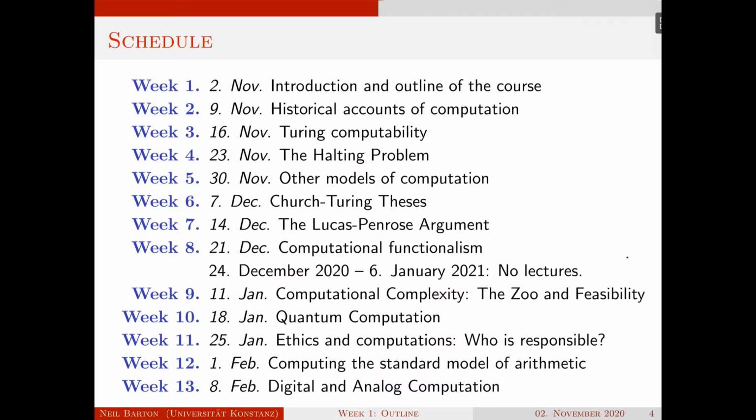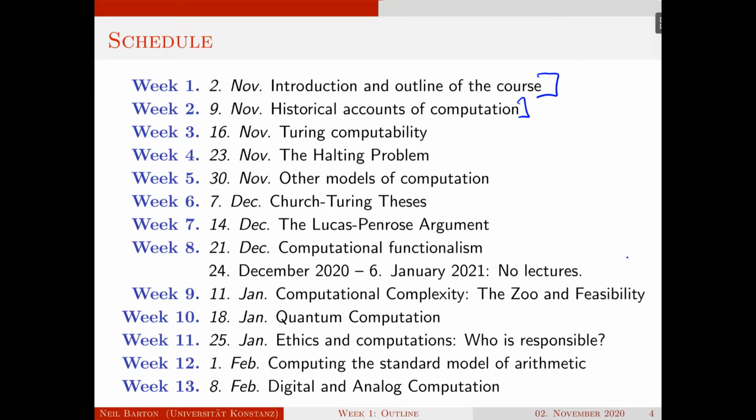And so here's exactly how we'll do this. So week 1, which you're listening to right now, we've just given an introduction, outline of the course, and next week we'll be talking about historical accounts of computation.